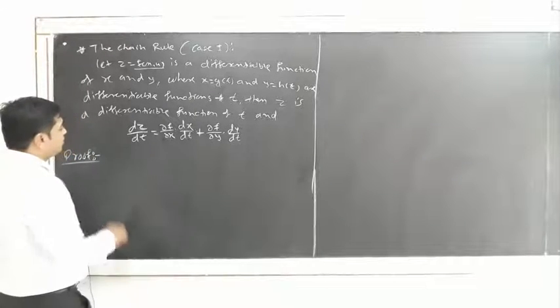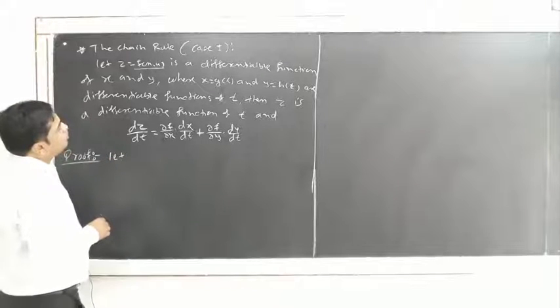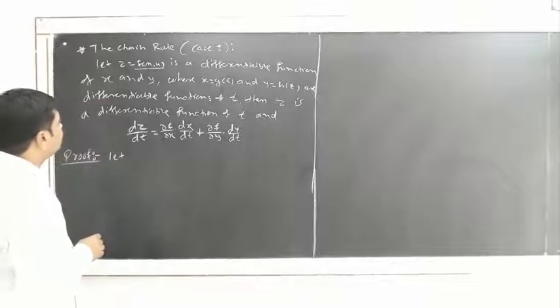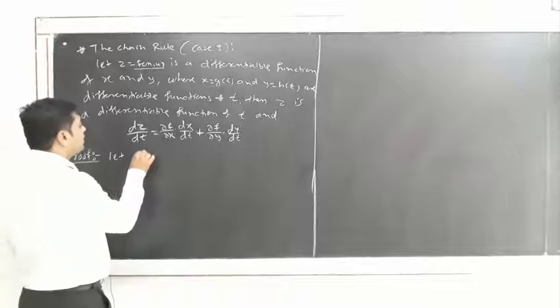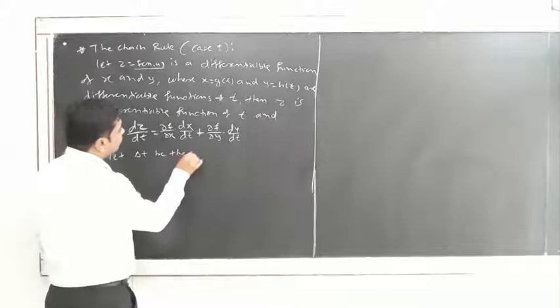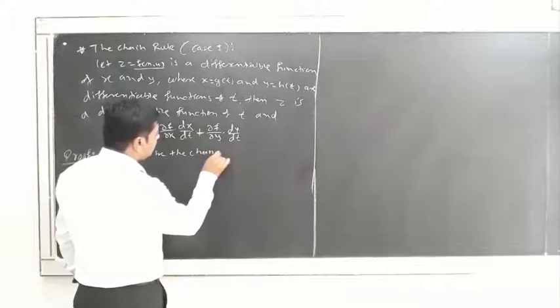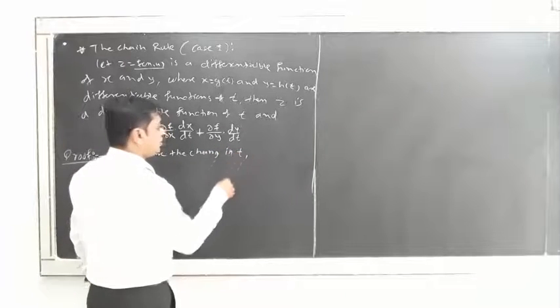So how do we write this? Suppose we take a change in t. Let delta t be the change in t.